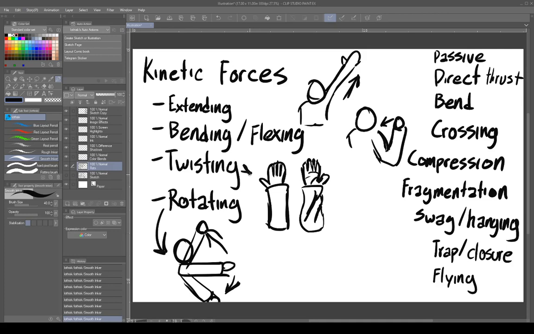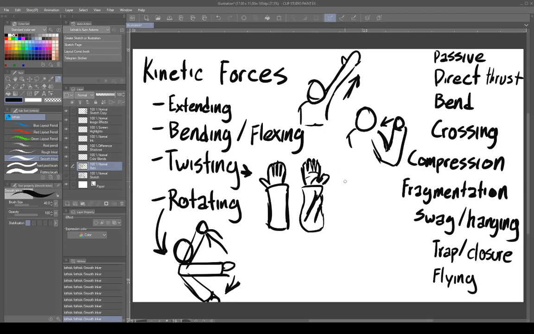So a twisting motion is the turning of a single joint, and a rotation motion is the movement of an entire limb. These are two distinct things, but they're easy to confuse. When you're twisting something, you can think of it as flipping your hand back and forth. Okay, so these are kinetic forces.